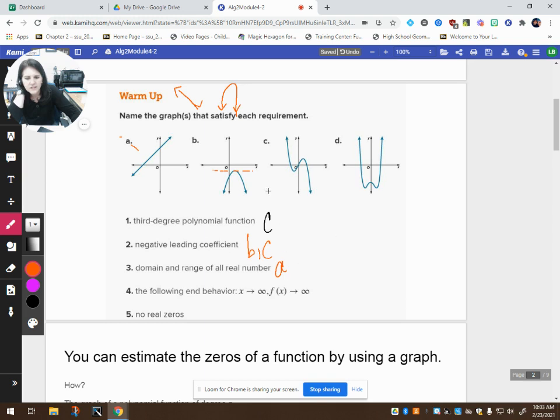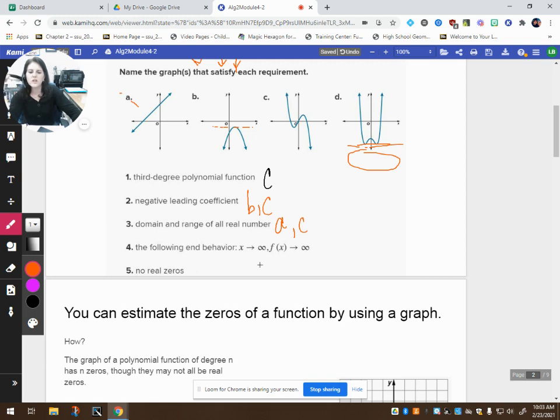They're all going to be down here. C has a domain and range of both all real numbers. And again, like B, D only has a domain of all real numbers, but the range is never going to be below these values. So there's no y values down here, therefore it's not all real numbers.